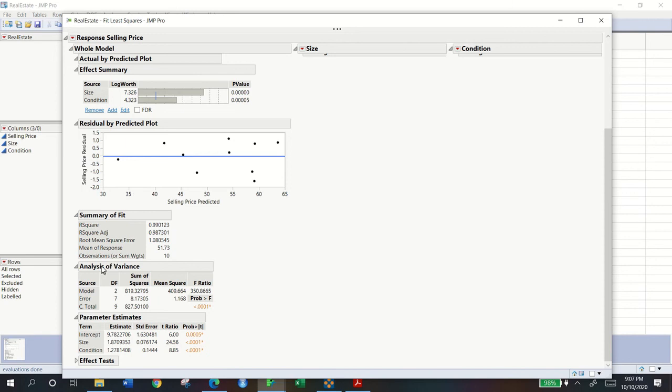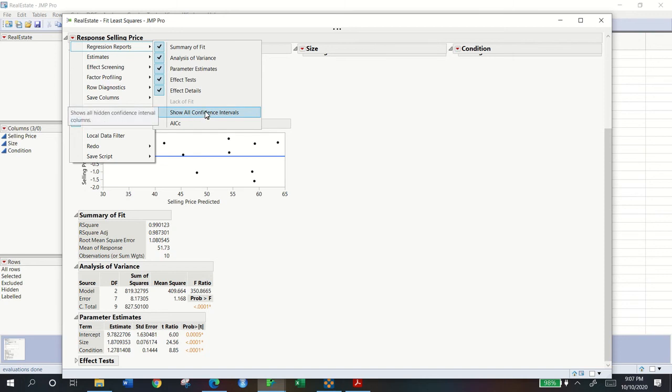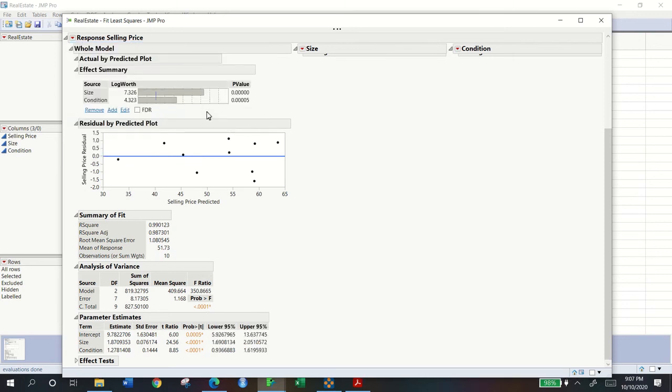Earlier in this lecture, on slide 166, I talked about how you can get those confidence limits off the parameter estimates. I will show you how to do that right now: red triangle, regression reports, show all confidence intervals. And there it pops up.